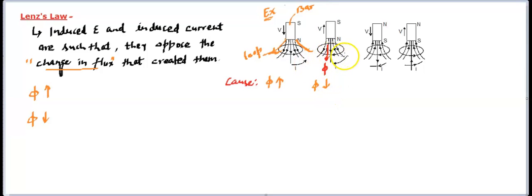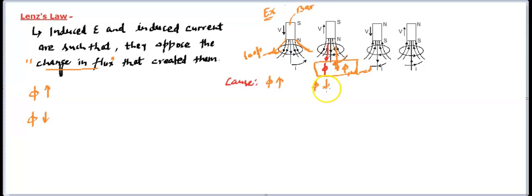And we haven't talked about this earlier: if the current is in this way, then the magnetic field will be coming towards the downside and the flux will be downside. So you will find the flux will be added up, which means it opposes the decreasing of the flux, right?